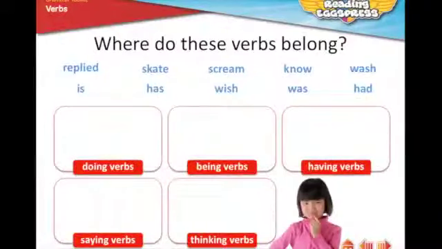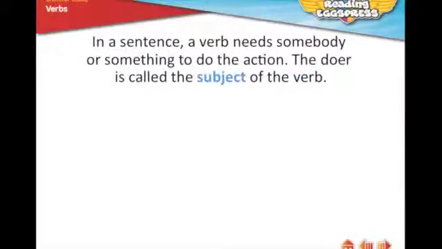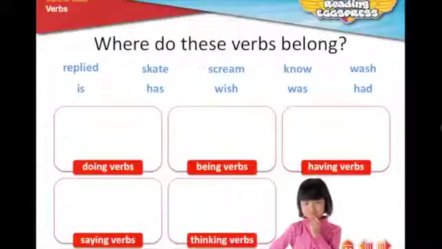Now again, if you use this arrow here, you would go straight to the next slide rather than going through this slide. So you've got to use the arrows on your keyboard. So where do these verbs belong? Okay, that's a saying verb. Reply means you're saying something.